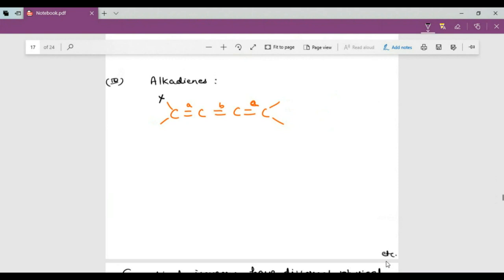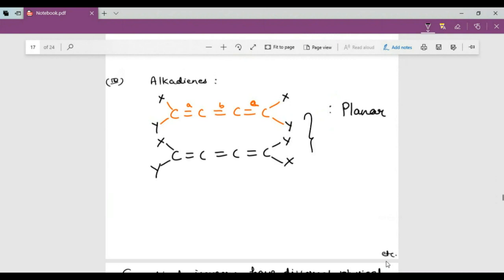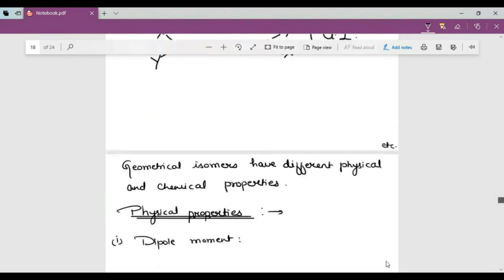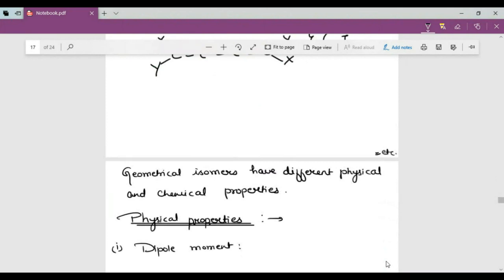Let me write it X, Y, X, Y. So when it is planar, then you can have another arrangement which is this. These two are GI of each other. There are so many possibilities.